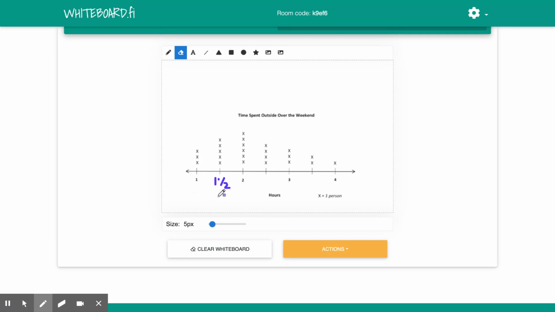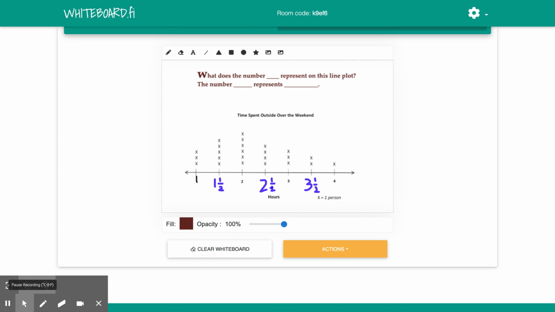We have 1, 1.5, 2, 2.5, 3, 3.5, and 4. Okay, and what does a number 1 represent on this line plot?